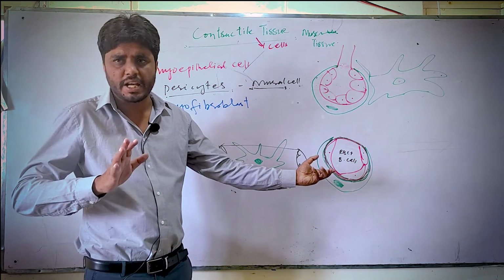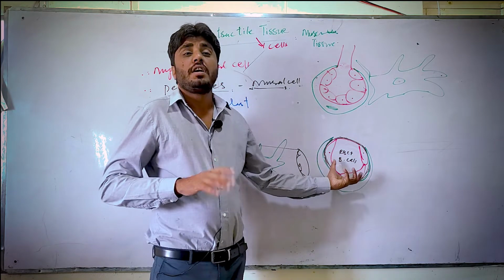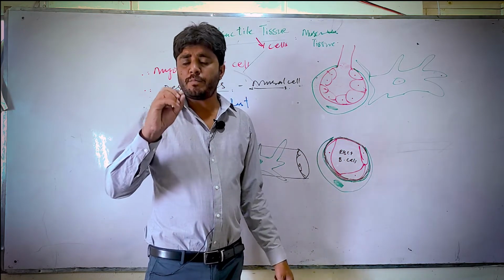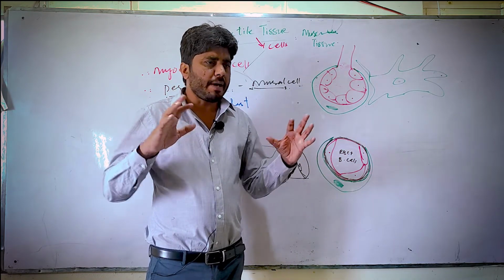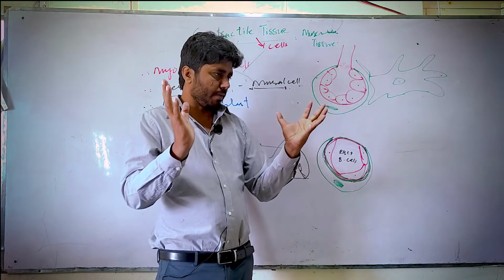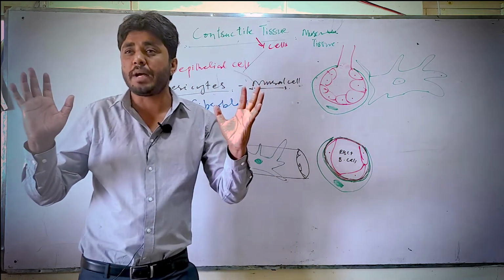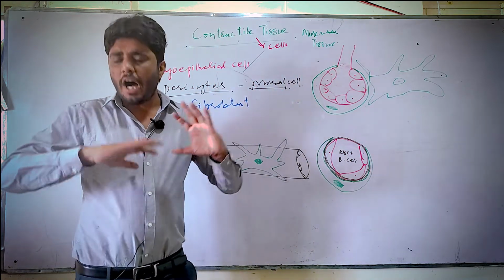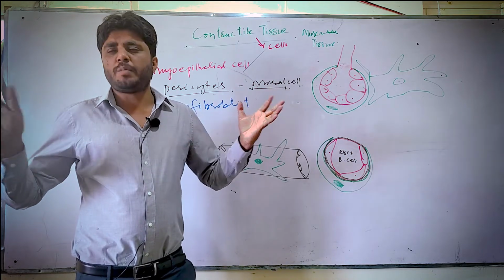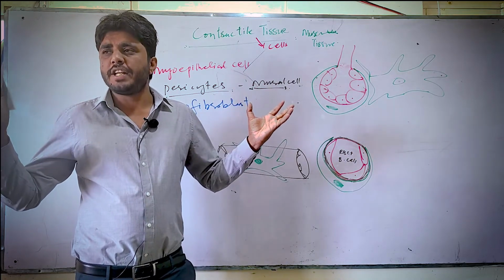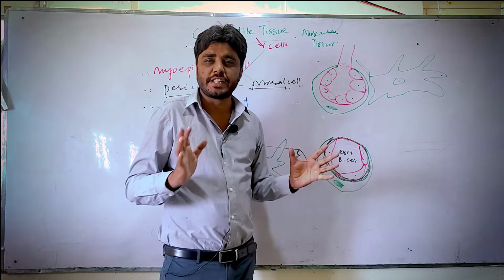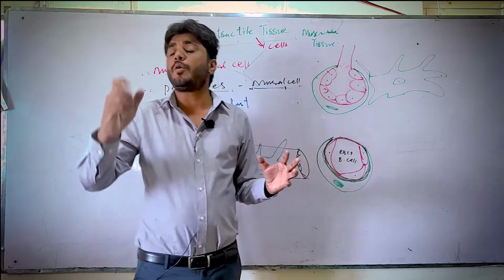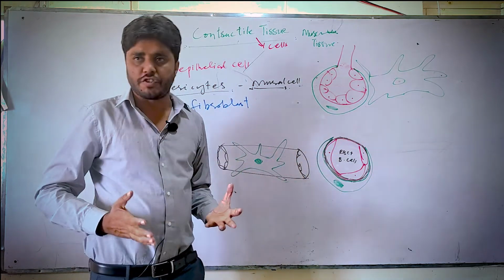But later on people found that pericytes are especially rich in the central nervous system. Blood vessels in the central nervous system have more pericytes. Everywhere in the body where you find capillaries you will find pericytes, but the population is much larger in the central nervous system.